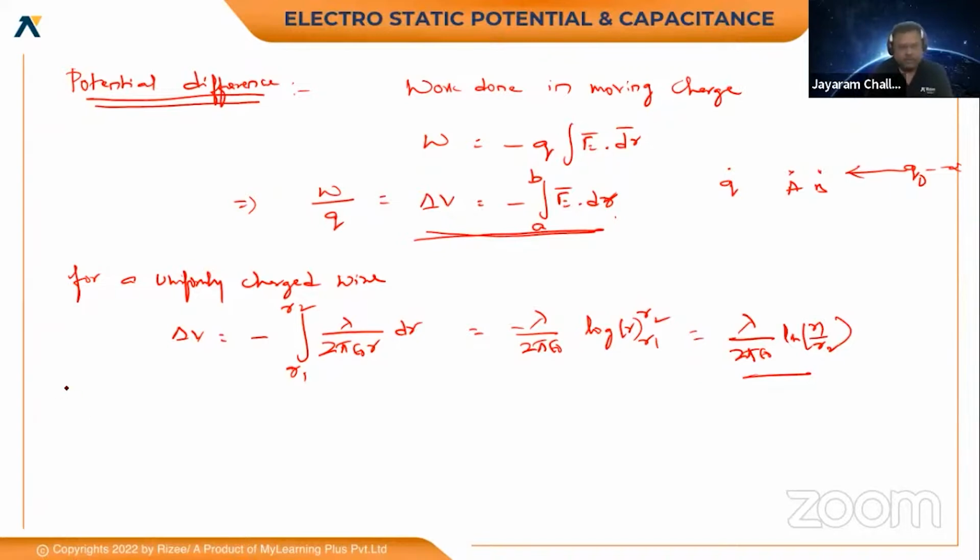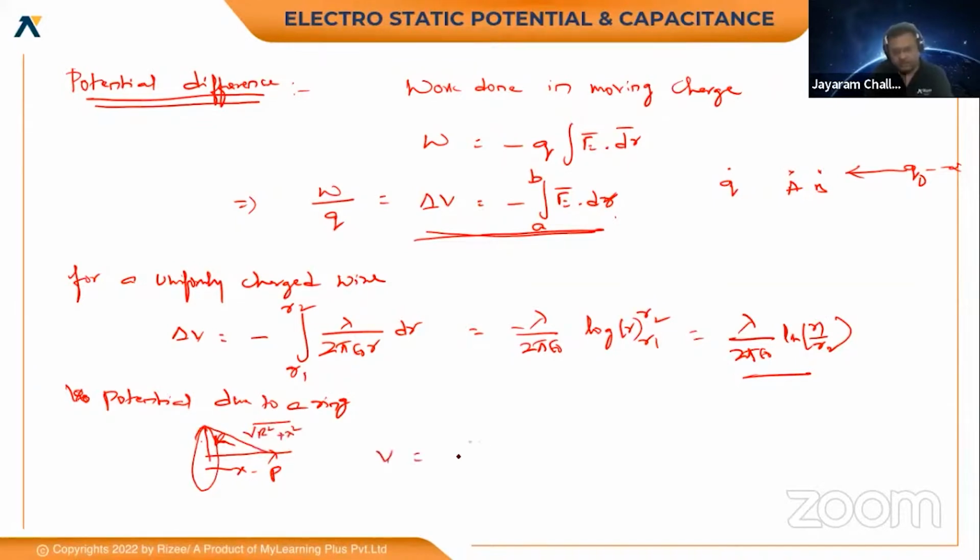Suppose instead there is a ring. What is the potential because of the ring? Potential due to a ring. How can you calculate this? It's very simple. Consider a normal ring here. Along the axis at a particular point P at a distance x, and the radius is r, this distance is root over r square plus x square.